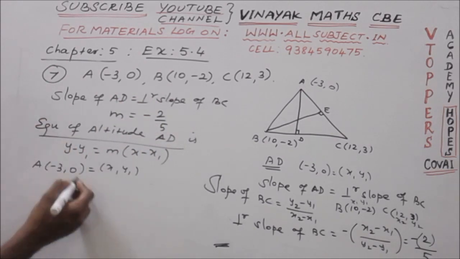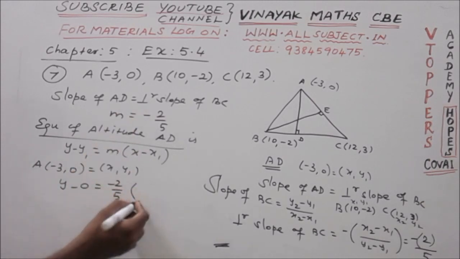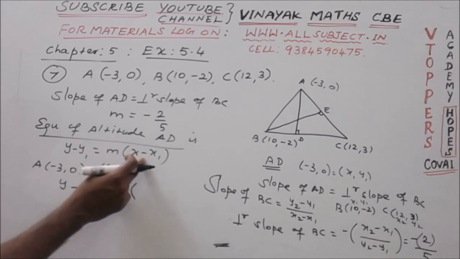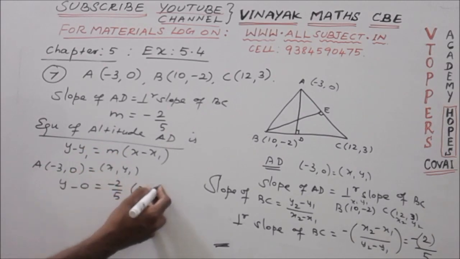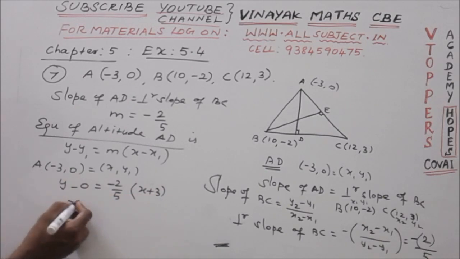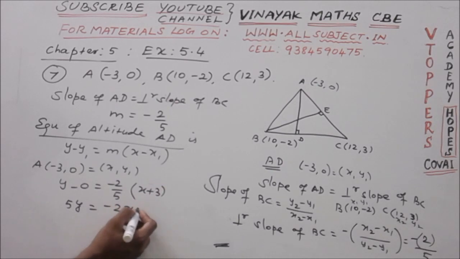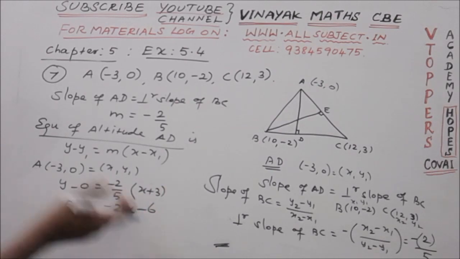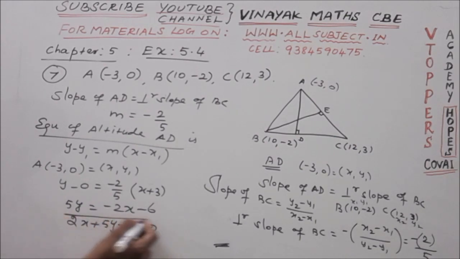So y minus 0 equals minus 2 by 5 into x plus 3. Cross multiplying, 5y equals minus 2x minus 6. Bringing to the left side, 2x plus 5y plus 6 equals 0 is the equation of altitude AD.